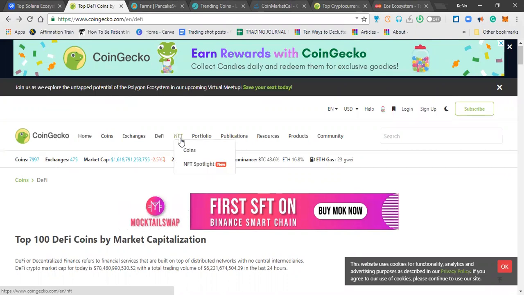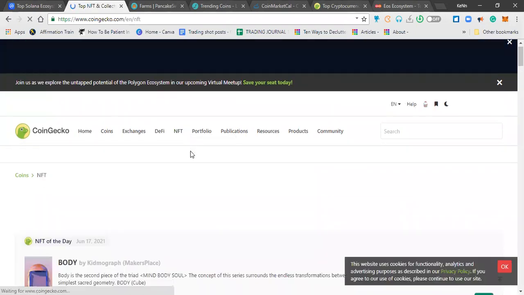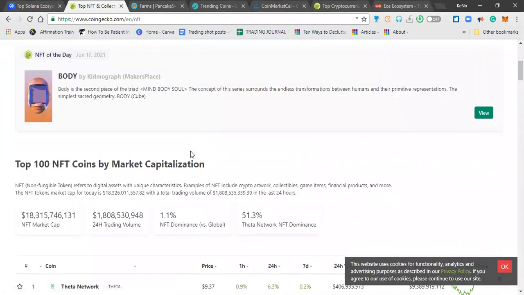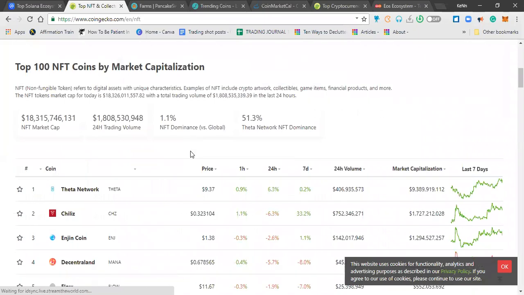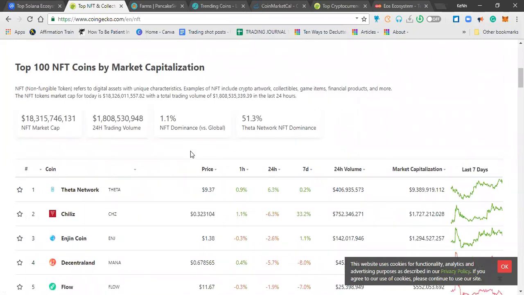Under NFTs, you can come to coins or spotlight. So let's go to coins first. So if you come to NFTs, it tells you NFT refers to digital assets with unique characteristics. Examples: NFTs include crypto artwork, collectibles, game items, financial products, and much more.